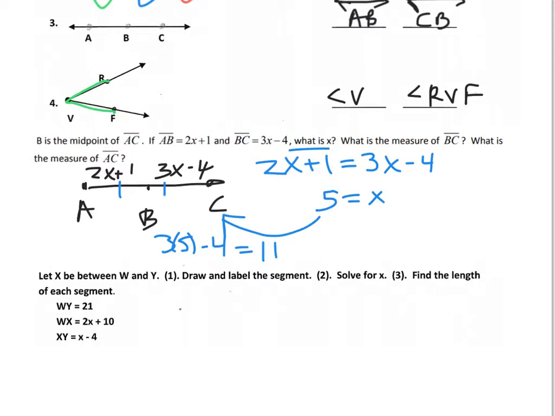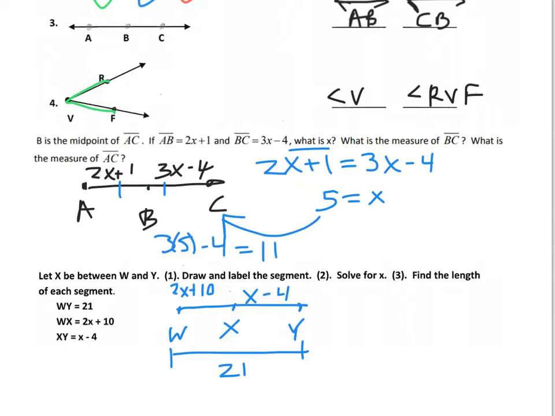Next it says that X is between W and Y. So draw your picture. X, W, Y. And they didn't tell me that this is the midpoint, so I really probably shouldn't have drawn it exactly like a midpoint, but that's okay. So it says WY is 21, WX is 2x plus 10, and XY is x minus 4. So here is where I have two parts that add together and give me a whole.